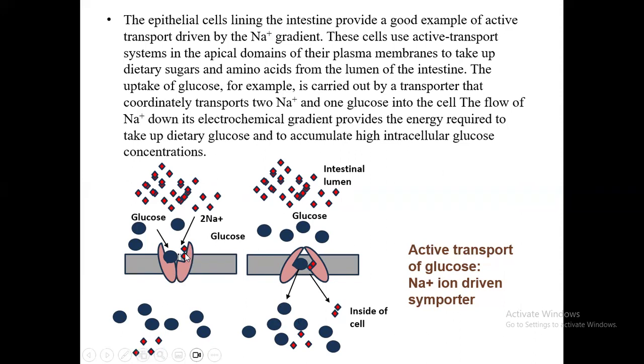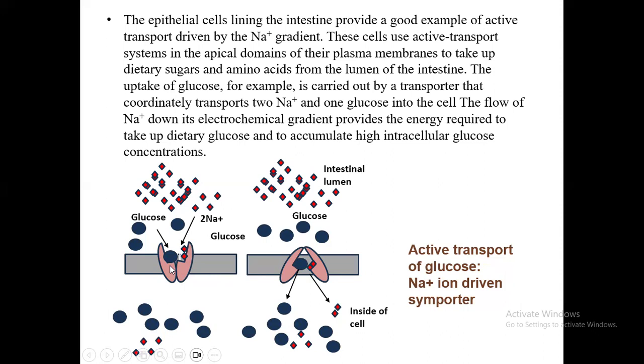The transporter will bind the sodium ions and will also allow binding of a glucose molecule. After the glucose molecule binds to the transporter, the orientation of the transporter will change and open towards the inside, and the sodium ions as well as the glucose will enter the cell. Once the molecules leave the transporter, it will again come back to the original conformation.